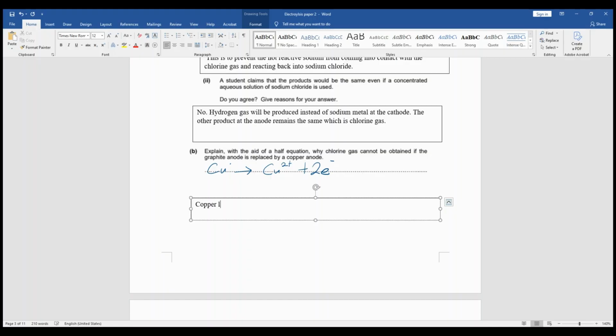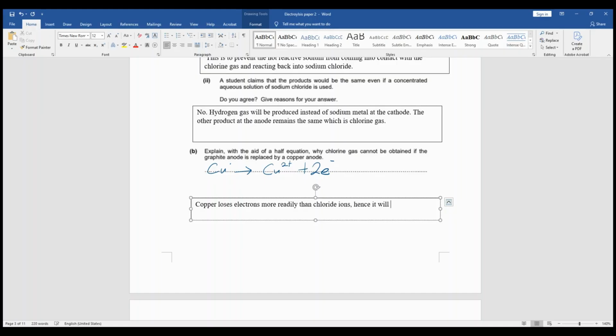Copper will lose electrons more readily than chloride ions.